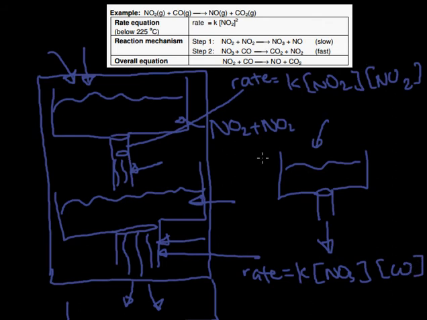No, because no matter what, the whole reaction is only given by this. So whatever flows out is dependent on this rate, so it is rate equals k NO2 NO2, and so the whole overall reaction has a rate equation, rate equals k NO2 squared.